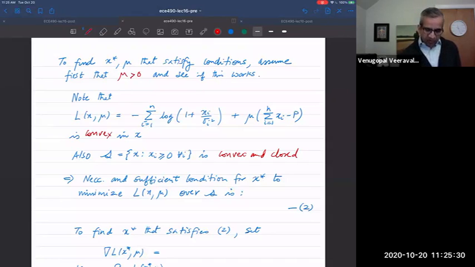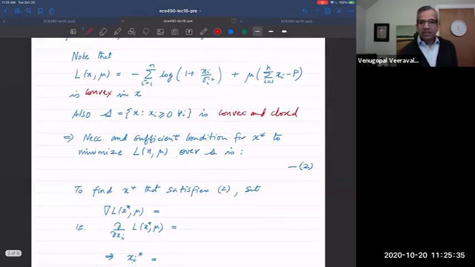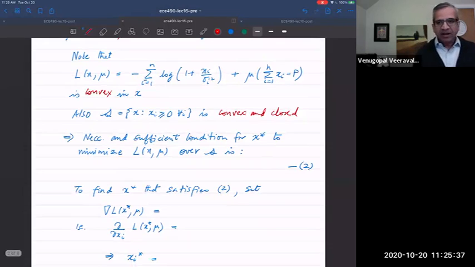So all we need to do to optimize this function is to make sure that a certain condition holds.